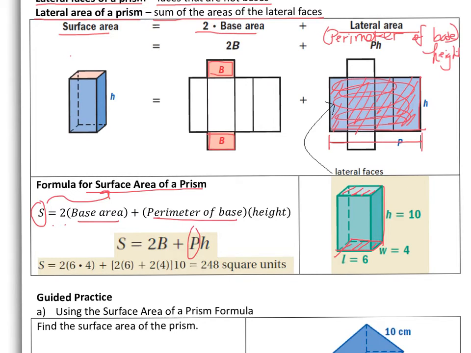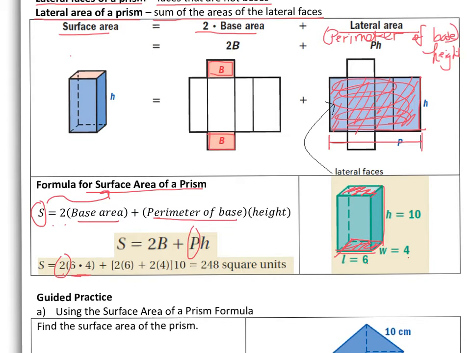So I have this problem worked out for you. The base area would just be 6 times 4, 24. And we need to multiply by 2 since we have 2 identical bases. Again, we need to add it on to the perimeter.